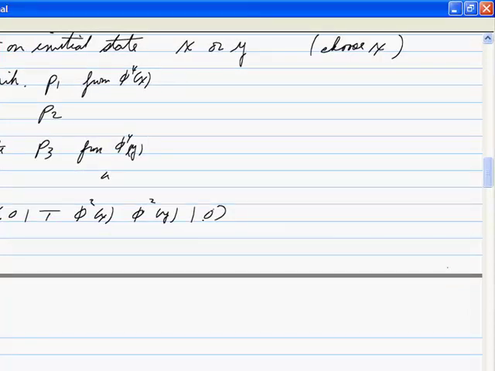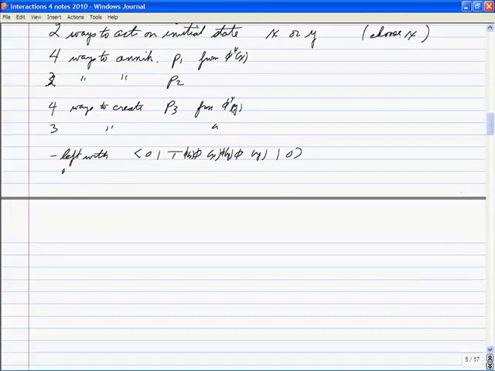It's easiest to make this argument if I write them all out. So phi of x, phi at y. I've got 2 at x and 2 at y. There are then 2 ways to let these work.